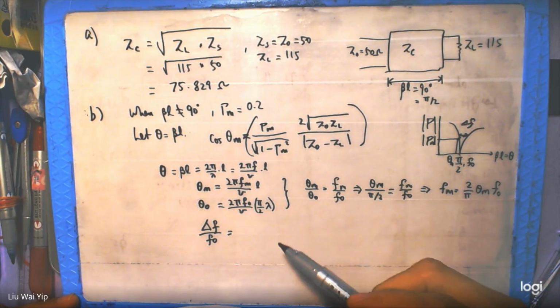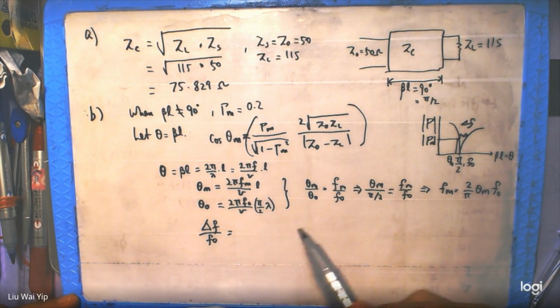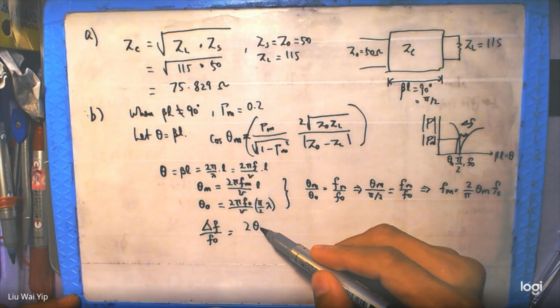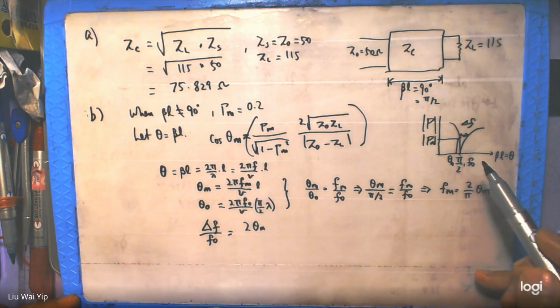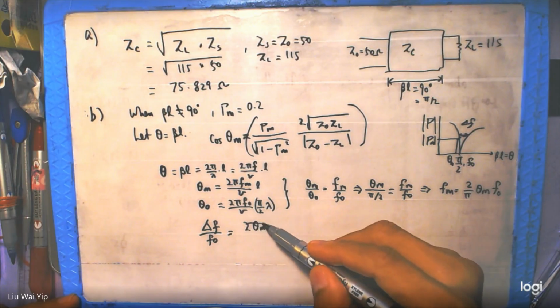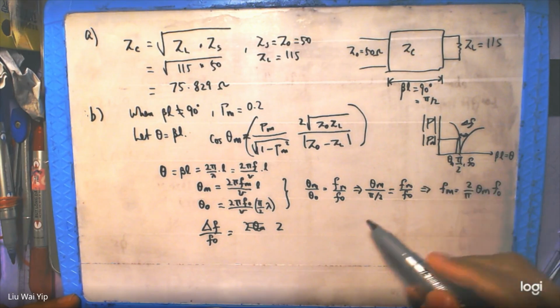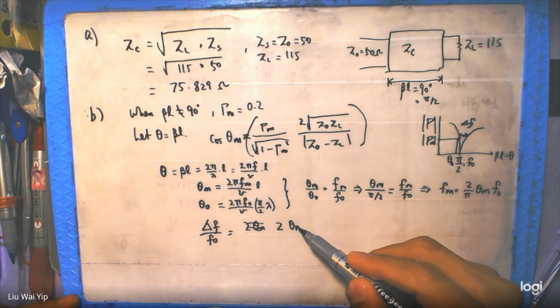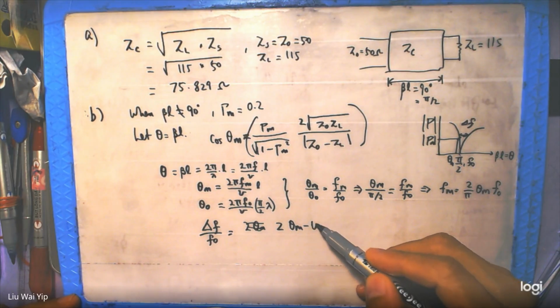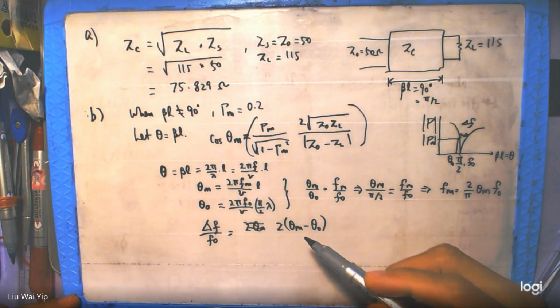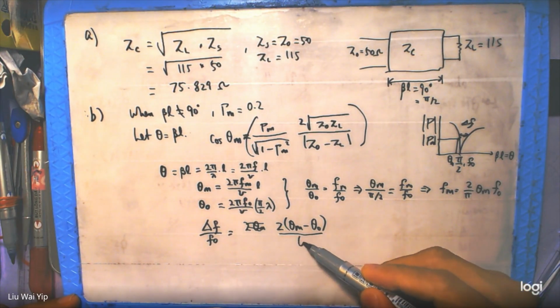This corresponds to 2 times beta M minus beta naught.